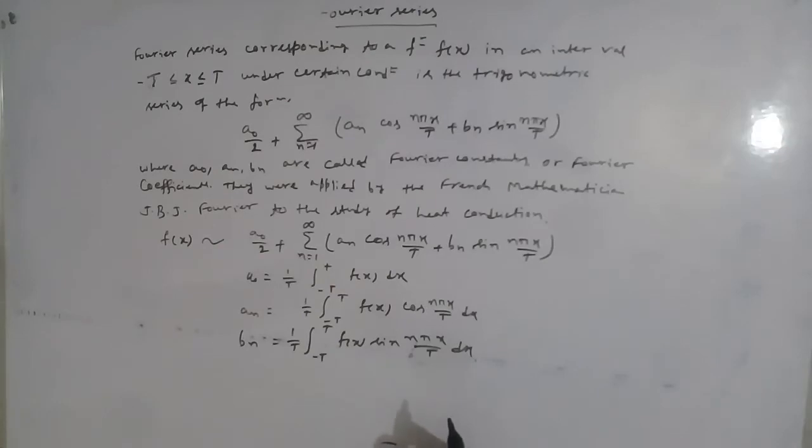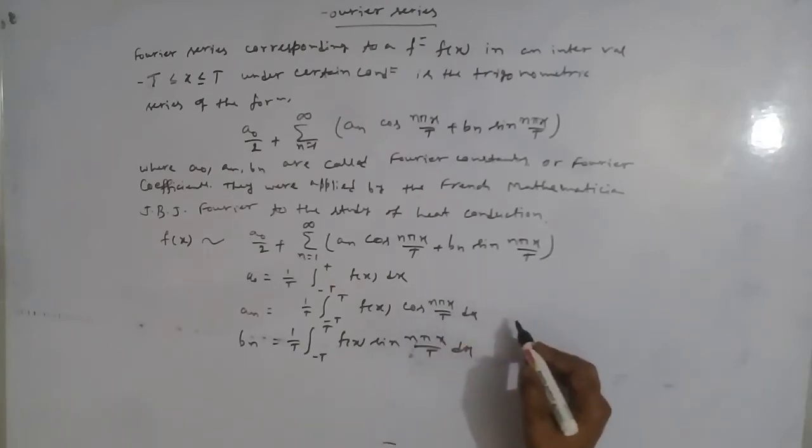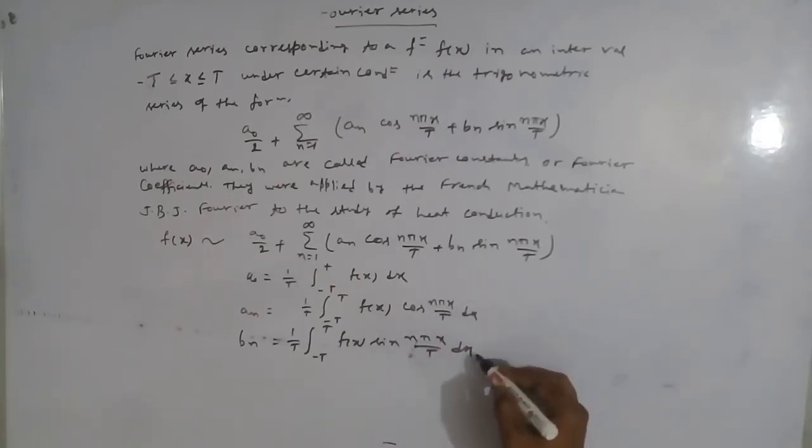So this an is called Fourier cosine constant and bn is called Fourier sine constant.